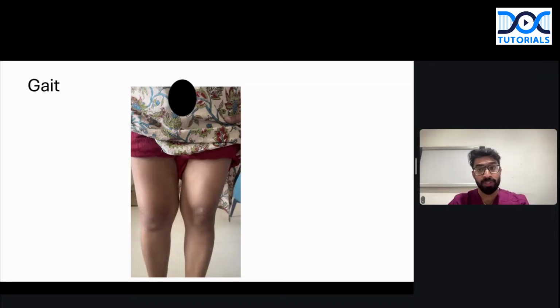If I had to describe this gait, I would say that the patient had a bipedal unassisted gait with decreased stance phase on the right side and increased swing phase. That is suggestive of an antalgic gait. So this is how we need to describe the gait whenever you are presenting it in your practical examinations.